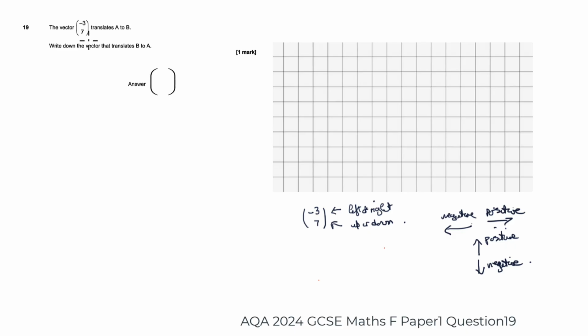So we start off with the point A, we go 3 to the left, then 7 up. So suppose we start here. 1, 2, 3 to the left, 1, 2, 3, 4, 5, 6, 7 up. And that gets us to the point B. So let's join that up with a straight line.